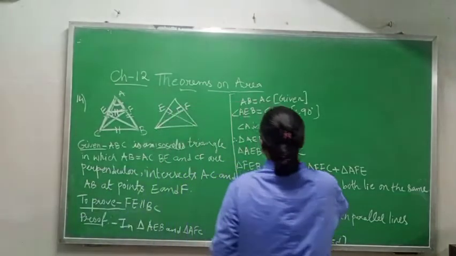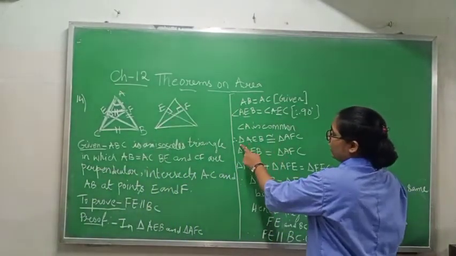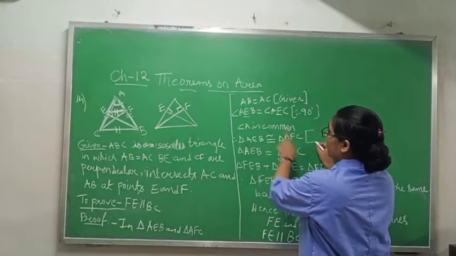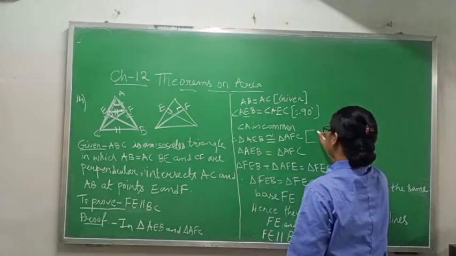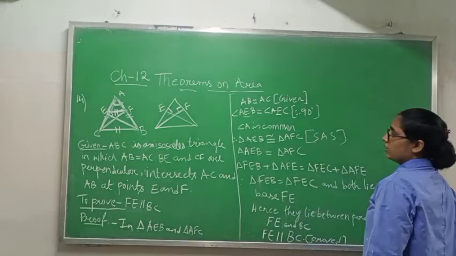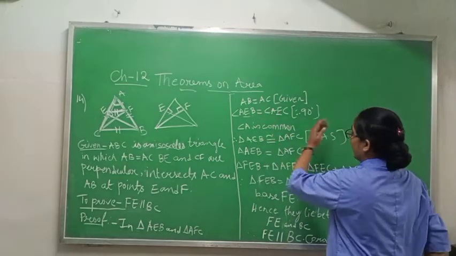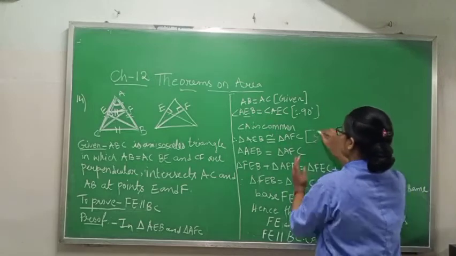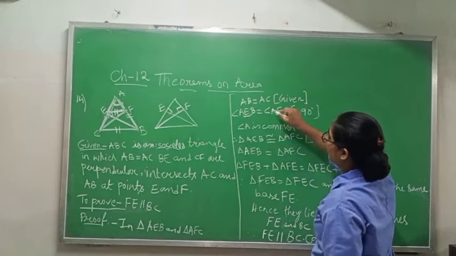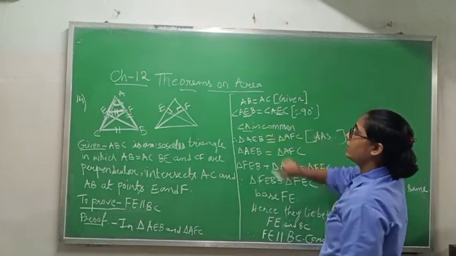Now you can say that therefore triangle AEB is congruent to triangle AFC. One angle and two sides, what will you write? Side angle side property? No, this one will be angle side, because there are two angles, AEB and AFC, and angle A is common.